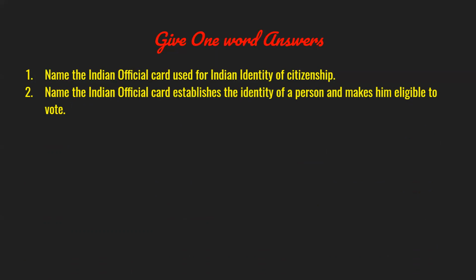The first one is the card which shows the identity of citizenship, that we belong to India. We are the citizens of India. Number 2, the card required for voting, to cast the vote. These cards are all issued by the Indian government or some authorities of the Indian government.